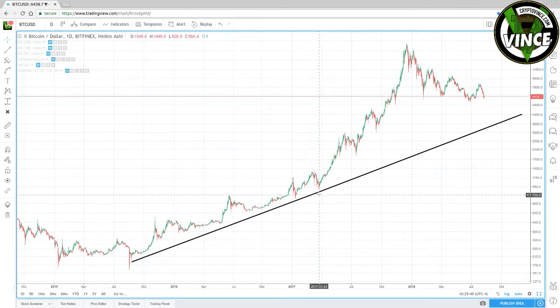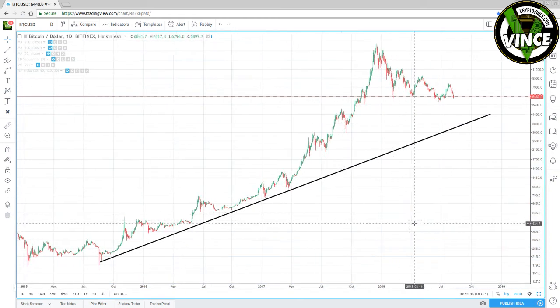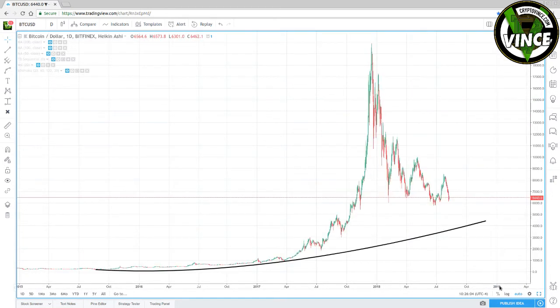Okay, so now this is pretty straight, right? Now we don't want to make it super precise. It's just an example. If this is a straight line and I want to switch to linear scale, look what happens. It becomes a parabolic trend, right?